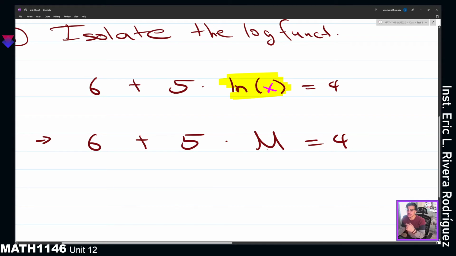Can you tell me what steps you need to do to isolate m on one side of the equation, to leave m alone on one side? What you need to do to solve for m?